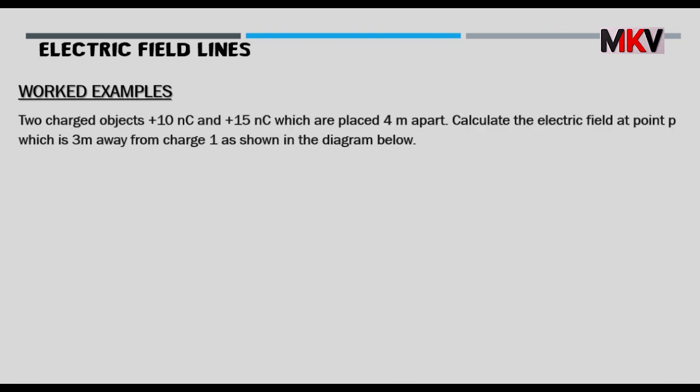Now let's look at an example for this electric field superposition. Two charged objects, plus 10 nanocoulomb and plus 15 nanocoulomb, were placed 4 meters apart. Calculate the electric field at point P, which is 3 meters away from charge 1, as shown in the diagram below.